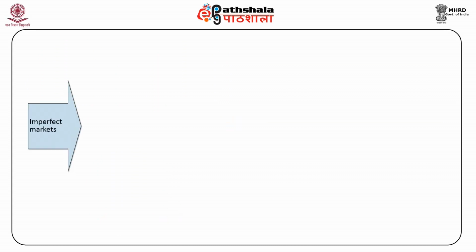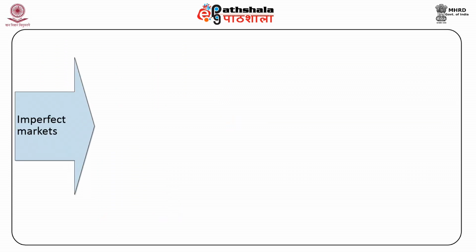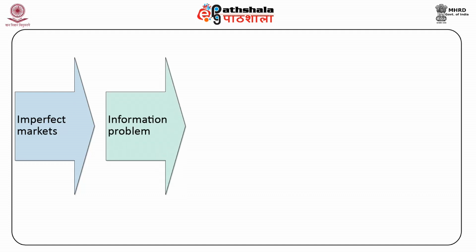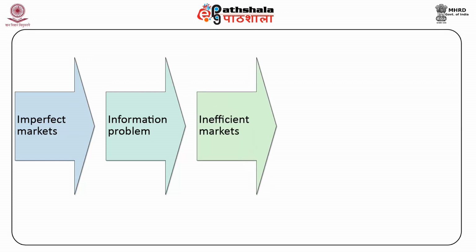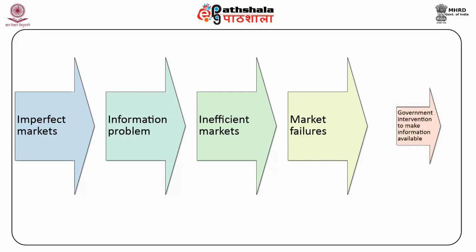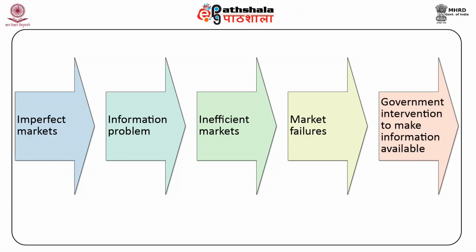Moreover, imperfect markets lead to information problems, which may result not only in inefficient markets but also in market failures, and government intervention may then be required to make information available equally to each participant in the market.